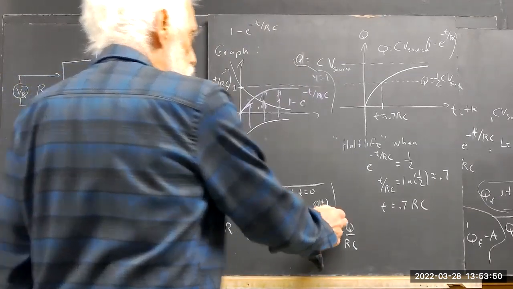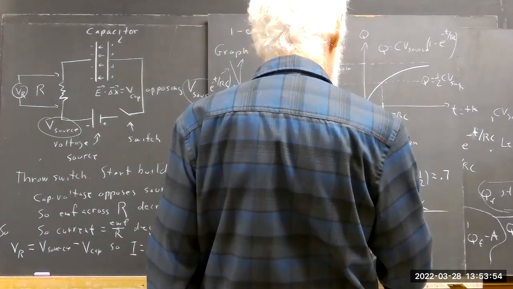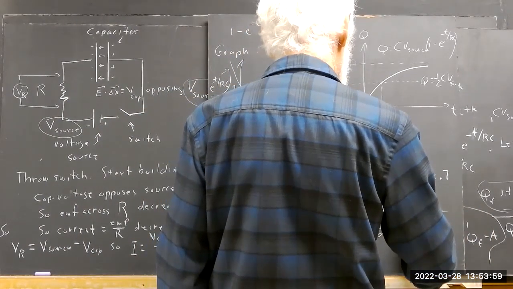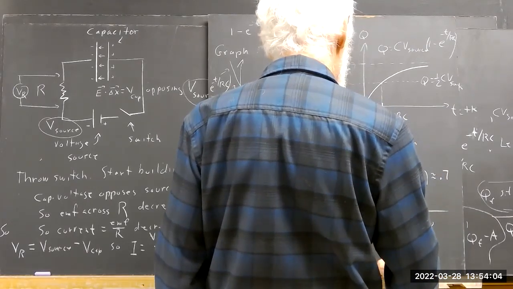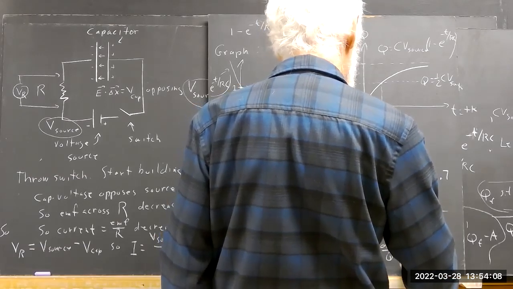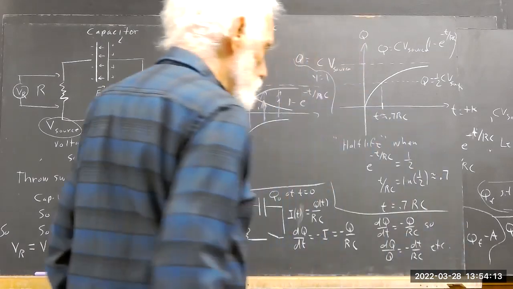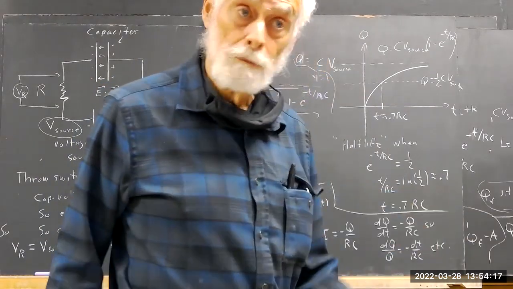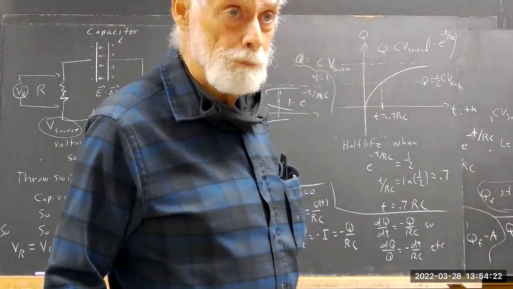So dQ/dt is negative Q over RC. Well, you get the absolute value of Q is e to the negative t over RC plus a constant, which works out like this, but much simpler.